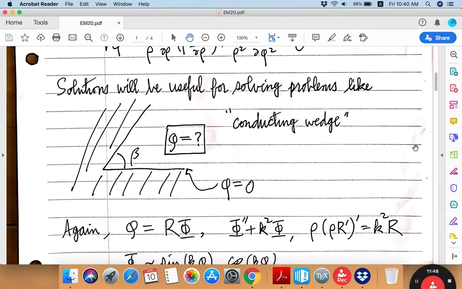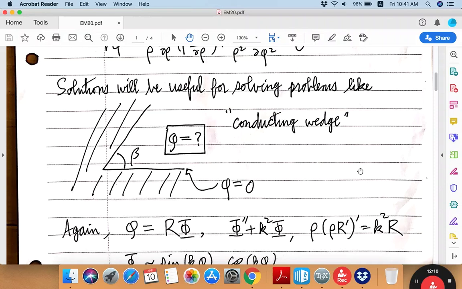Actually, that's true, but it's only true because we're assuming this highly artificial situation where imagine it's possible to have an infinitely long sheet of conducting surface. So that's a bit of an unrealistic situation.